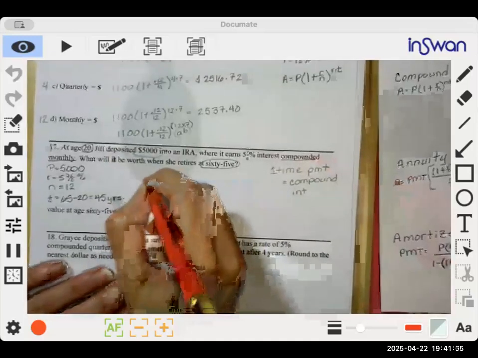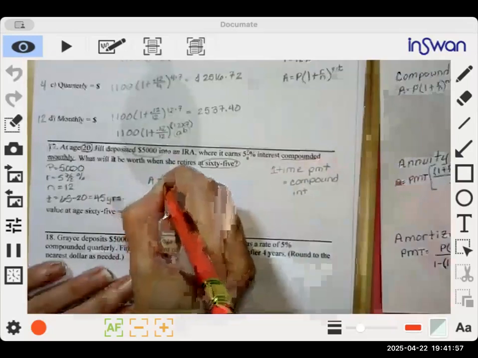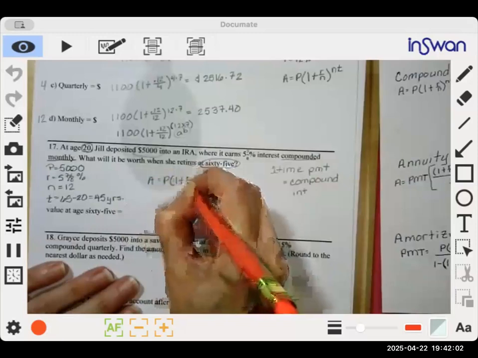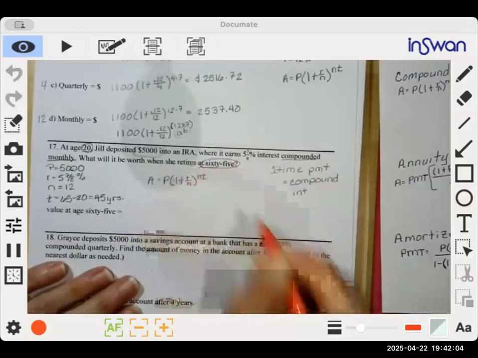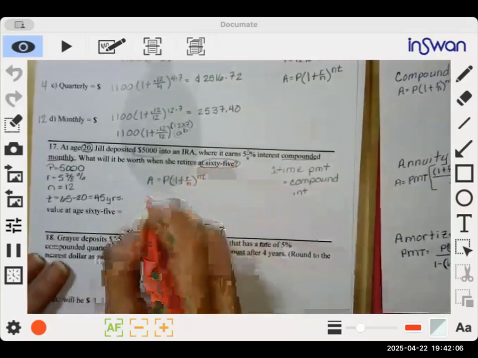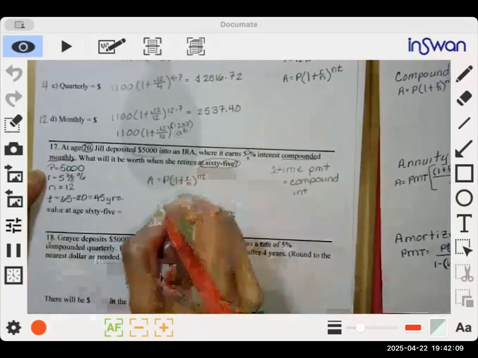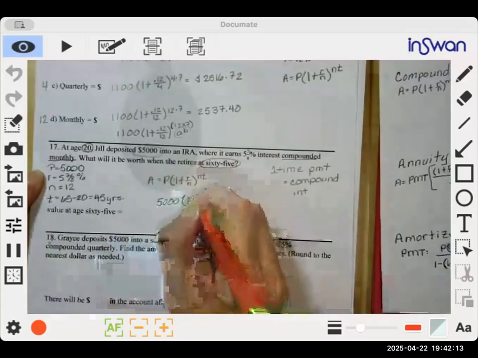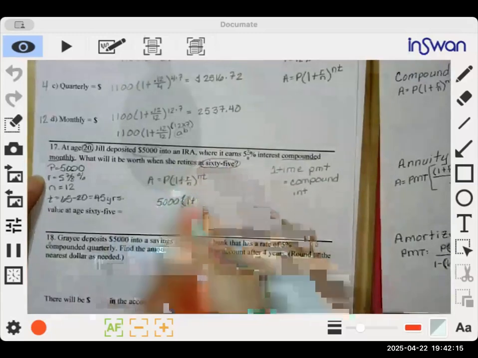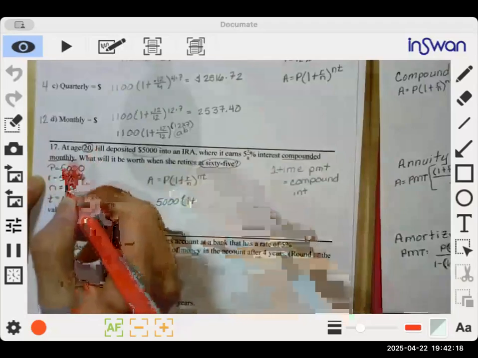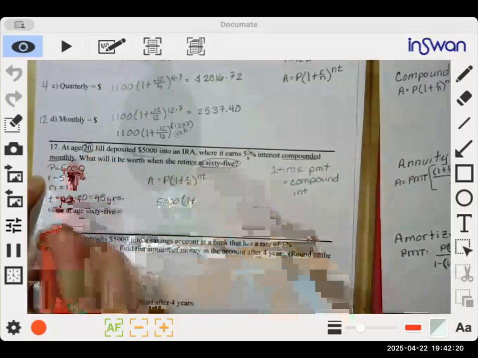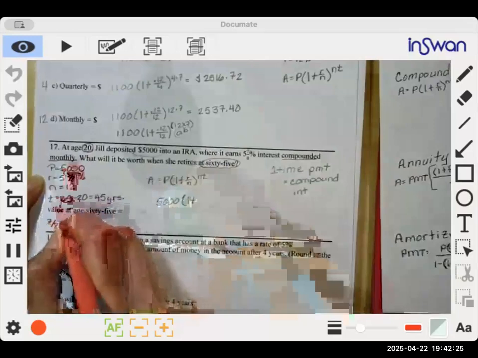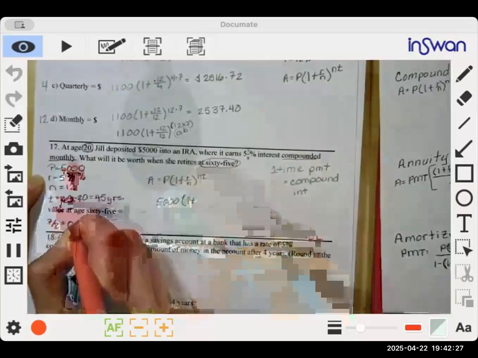Okay, so we're going to use A equals our principal times 1 plus R over N, to the NT. So our principal is 5,000. 1 plus 5 and 7/8. So 7/8, if you divide that out in the calculator, you'll get 0.875.